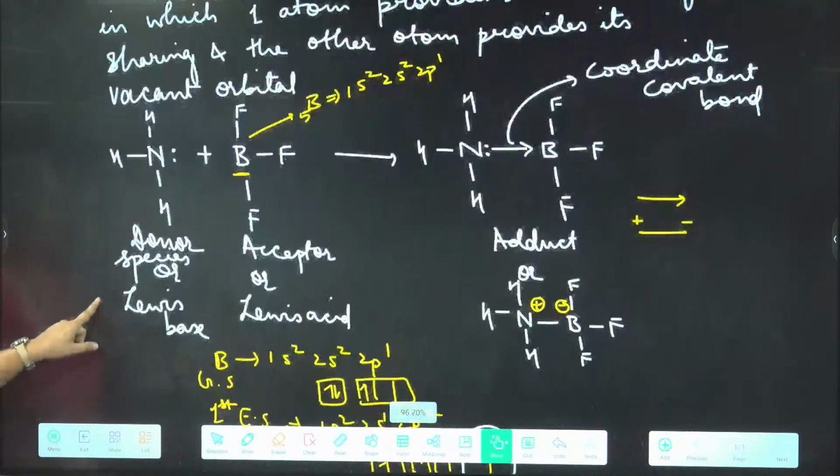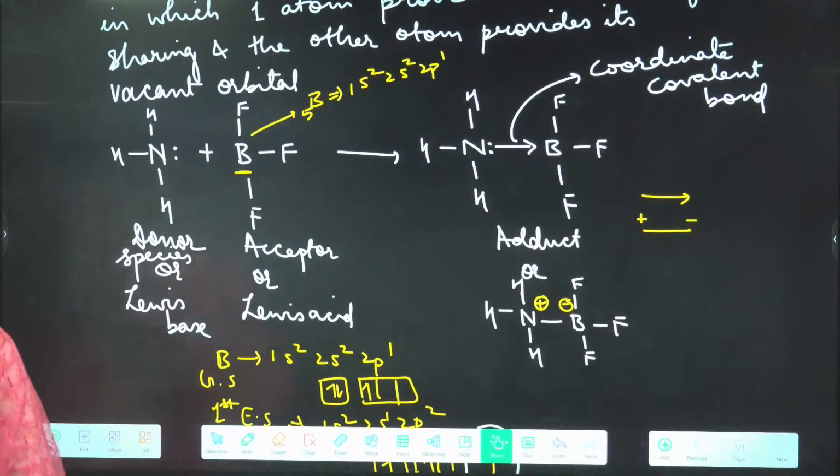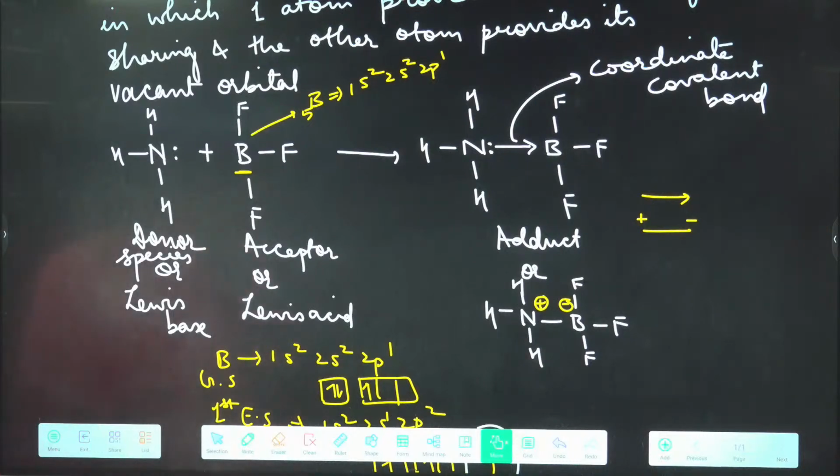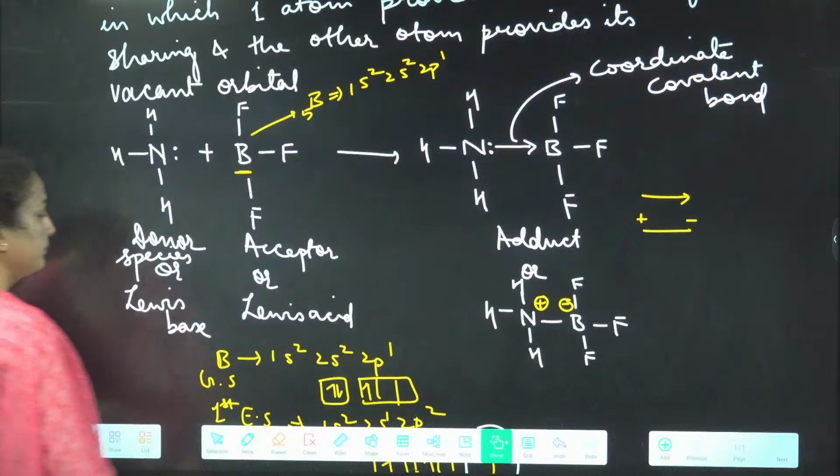So please write this down. So nitrogen is acting as the donor atom there and boron is acting as the acceptor atom. Clear about it? Can we proceed further?